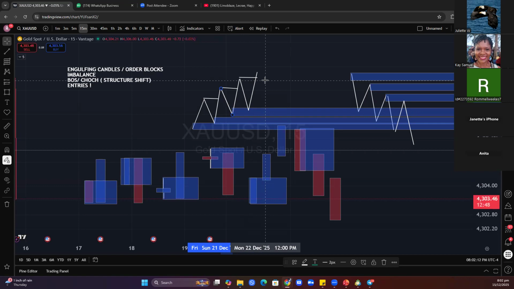So all we're looking for is, we want to celebrate the pullback. Yeah, boy, pullback happening! Because once the pullback is happening, you know an entry is coming, and you know potentially what could happen after, which is that the market could continue to shoot up. So celebrate the pullback, wait for the pullback, want the pullback.